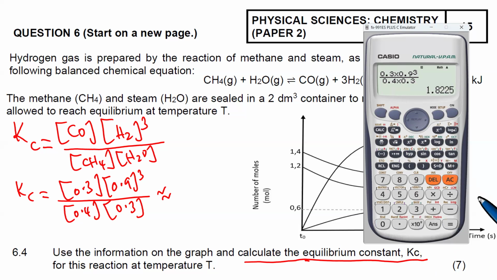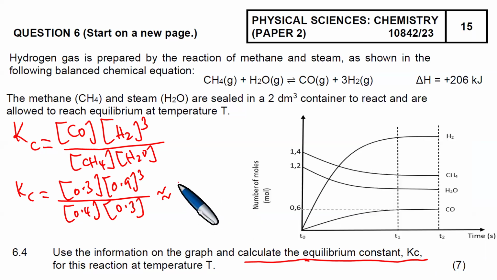And therefore, we're getting 1.8225. Right, and therefore this you can round off to 1.82.